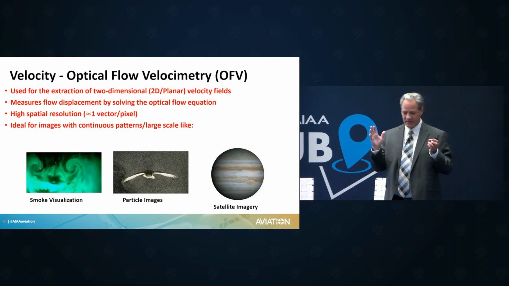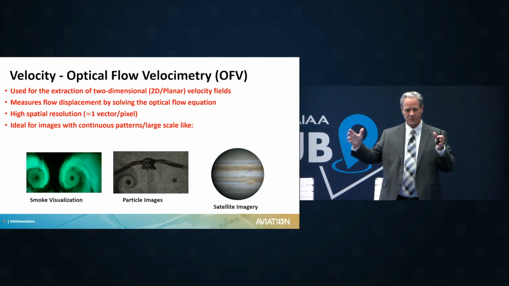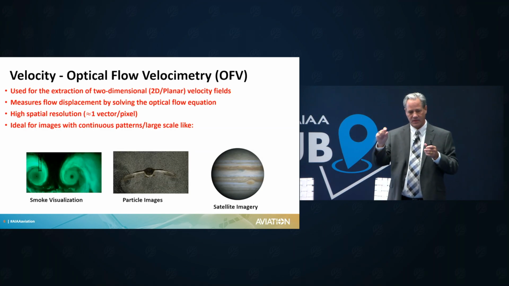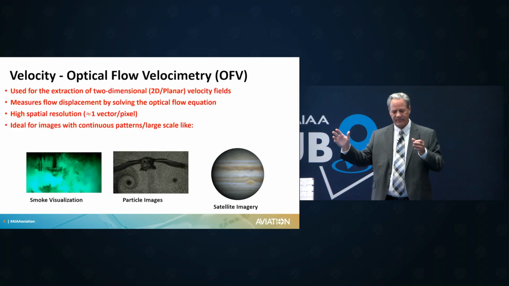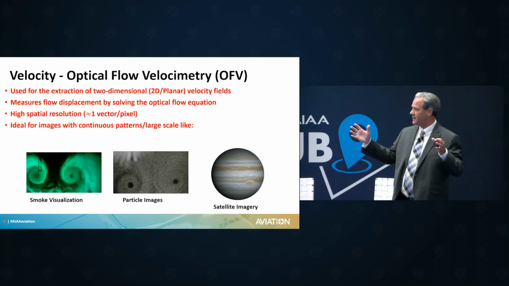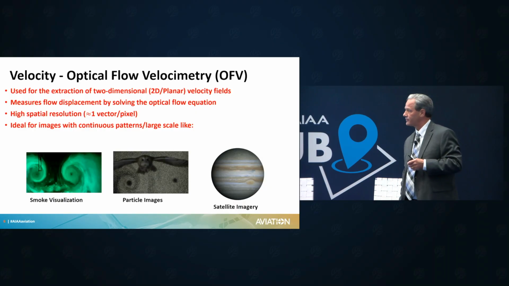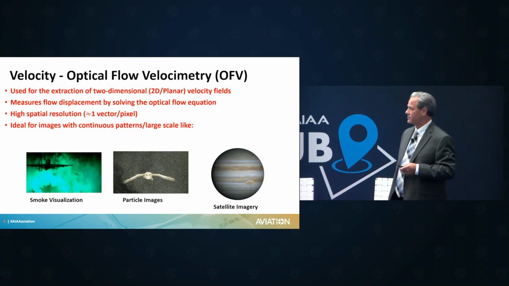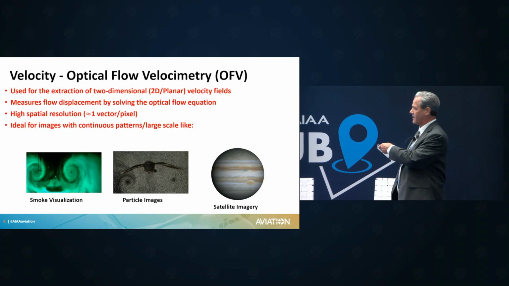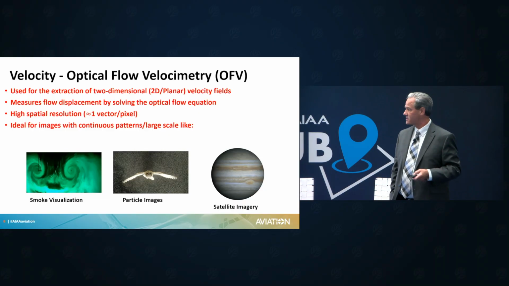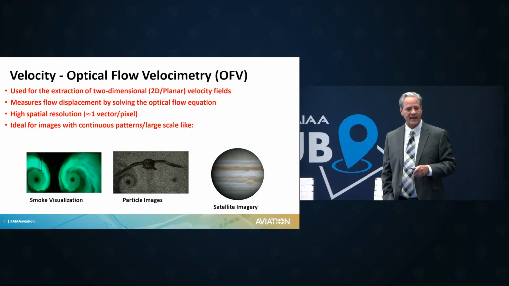Instead of having interrogation windows, however many of those may be, with the average of those interrogation windows for that vector average, we actually have a high spatial resolution, which is one vector per pixel. So it's ideal for images with continuous patterns or large scales, such as satellite imagery, planetary and atmospheric sciences, and we're going to get into all of that later on.